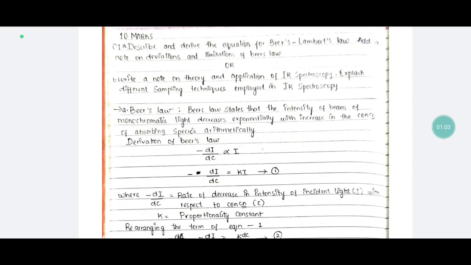Beers' law states that the intensity of a beam of monochromatic light decreases exponentially with increase in the concentration of absorbing species arithmetically.